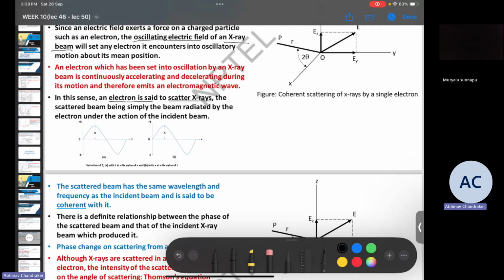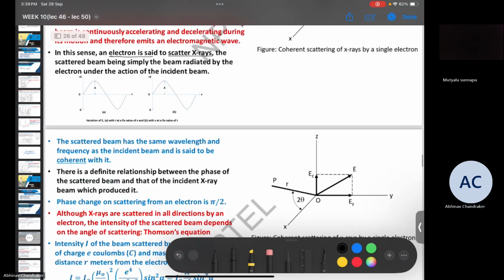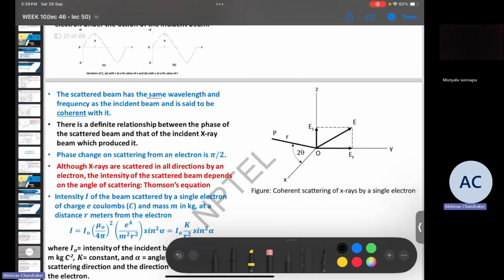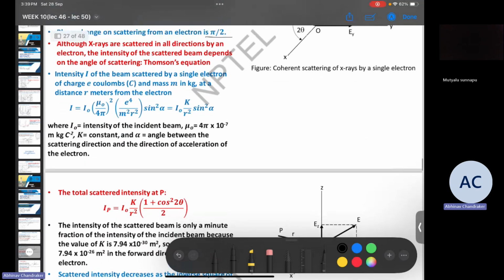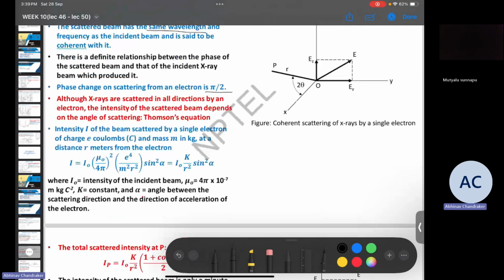This happens in such a way that the energy of the beam generated due to the oscillation is the same as that of the incident beam, and the wavelengths will be the same even after scattering by the electrons, but the phase will change by pi by 2, and this will happen at all angles.